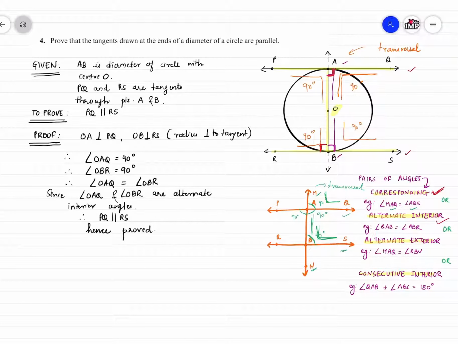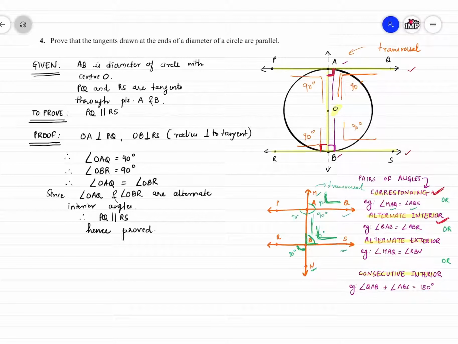We've already done the alternate interior. Let's find a pair of alternate exterior angles. I have one angle MAQ over here and its alternate exterior would be this angle. Does this angle have a measure of 90 degrees? Yes, because it is vertically opposite to this angle.